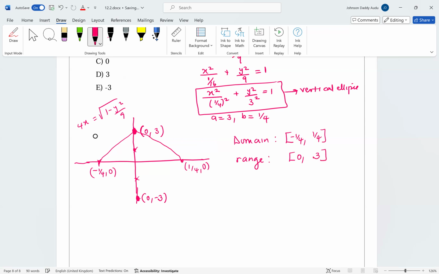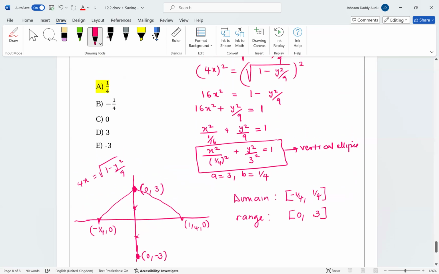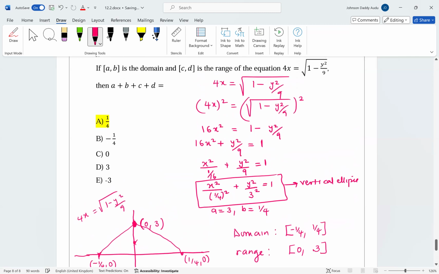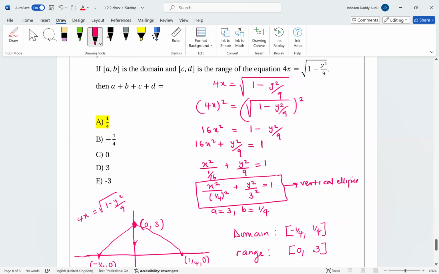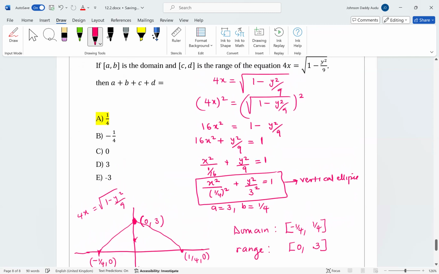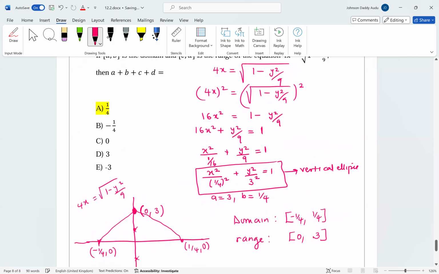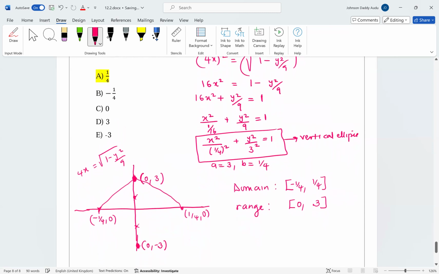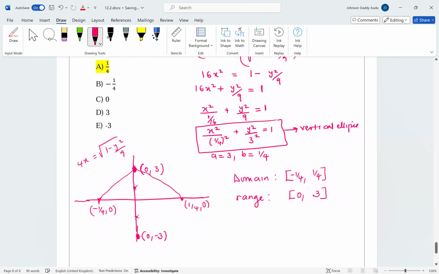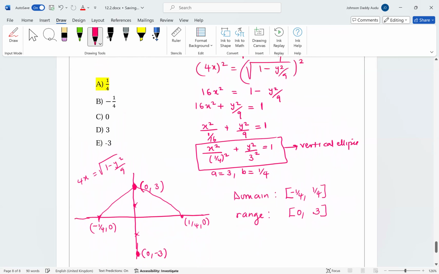To 3. So I hope that is okay. So what do we have? We want to find A plus B, C plus D.